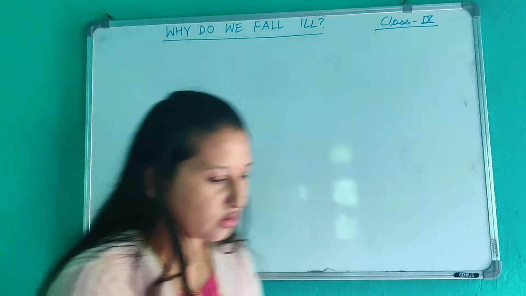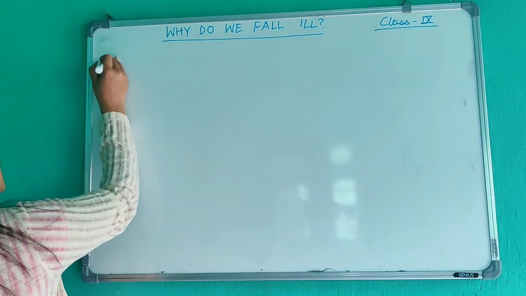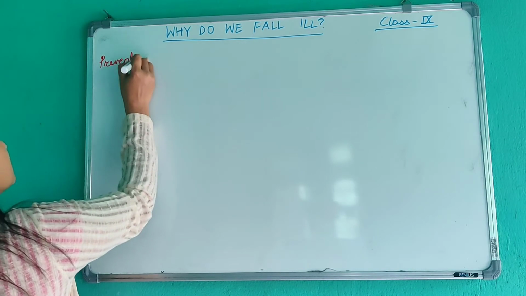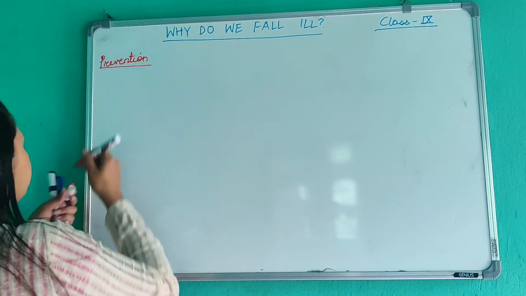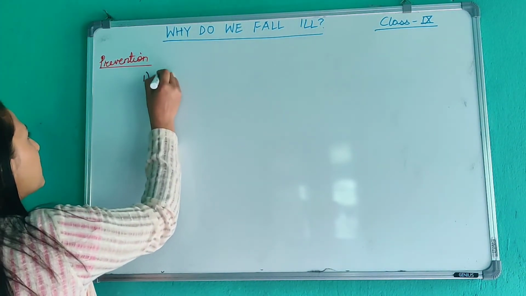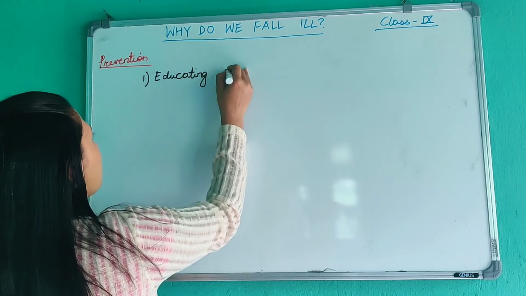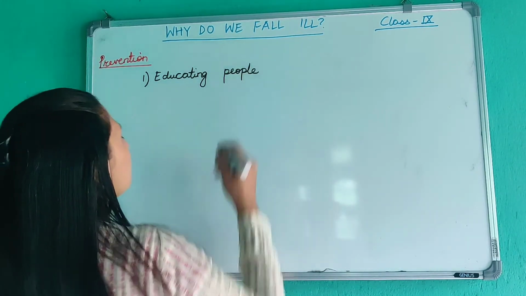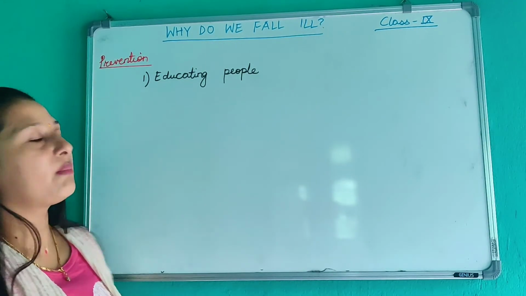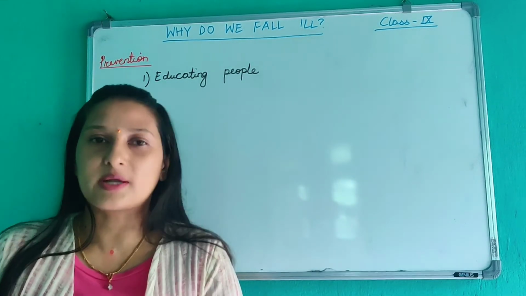Okay, now let us talk about methods of prevention, how AIDS can be prevented. First, we have to educate people, because there are many people in our country who do not know about AIDS, who are not aware what AIDS is and how it is transmitted.